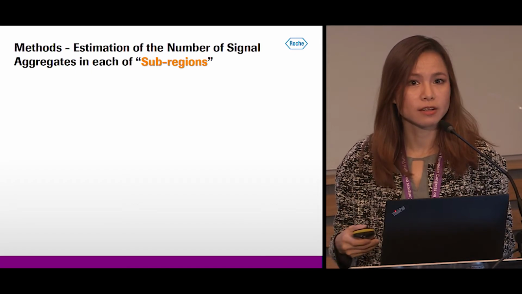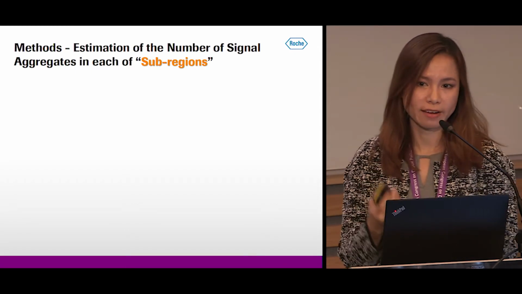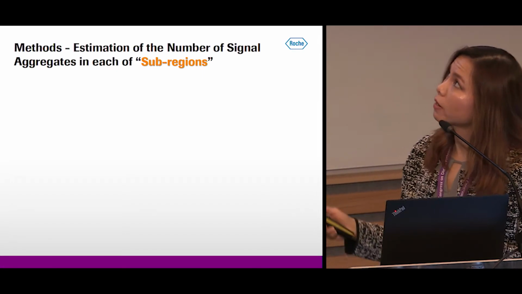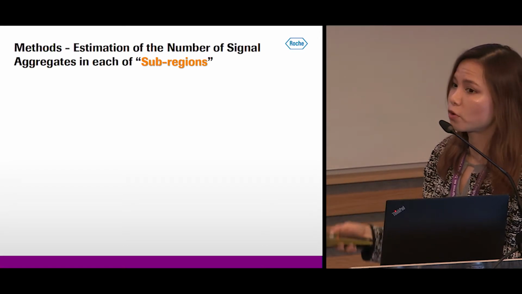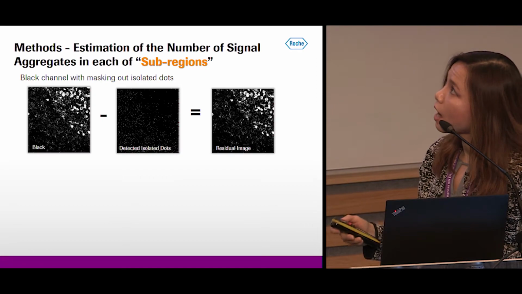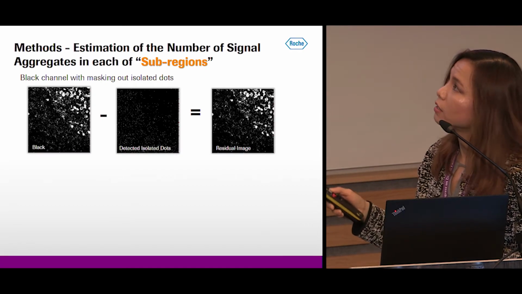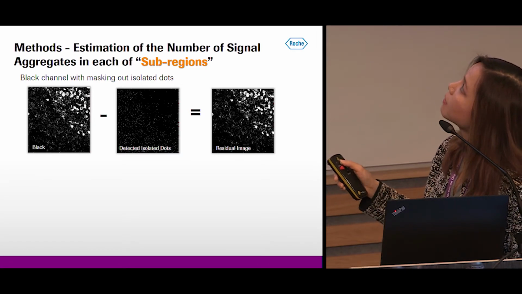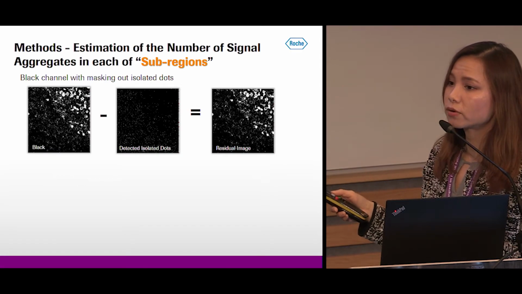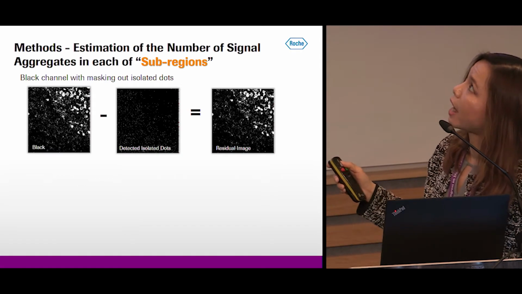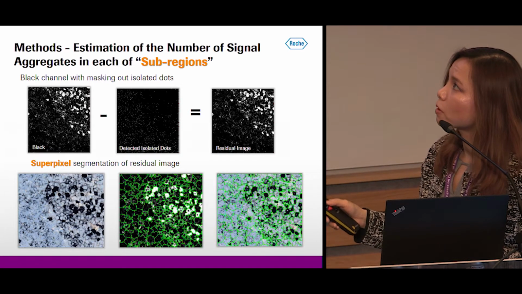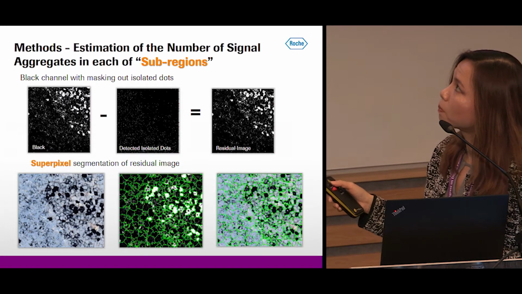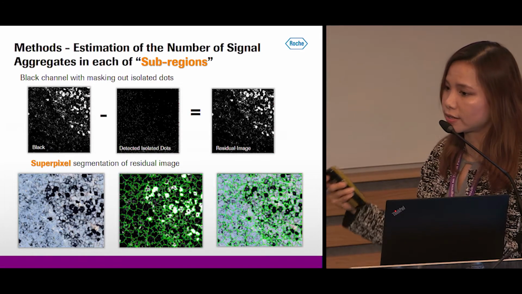And to simplify the problem, to have more accurate results and also better visualization and validation, we have brought in the concept of subregions. Basically, we have the black image channel that can mask out the isolated spots from the previous step. As a result, we have the residual image that contains only the aggregate signal. And then we use a superpixel segmentation method in order to group the pixels that have uniform intensity.